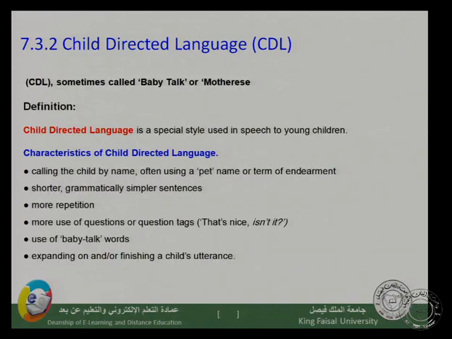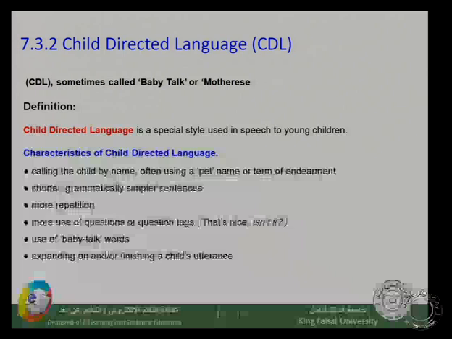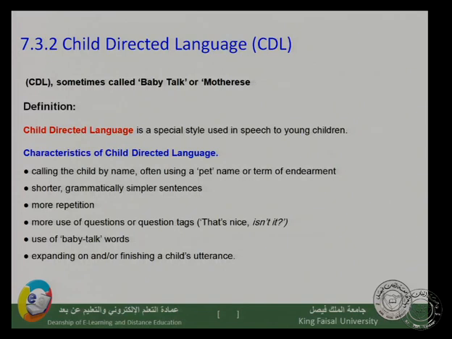Again, it is clear that there is more use of questions or question tags in child-directed language, where we always tend to ask the little child, okay, do you understand? Do you want this? Are you happy with that? So we have all these types of questions that we ask every now and then, for the little child or the young child to answer.